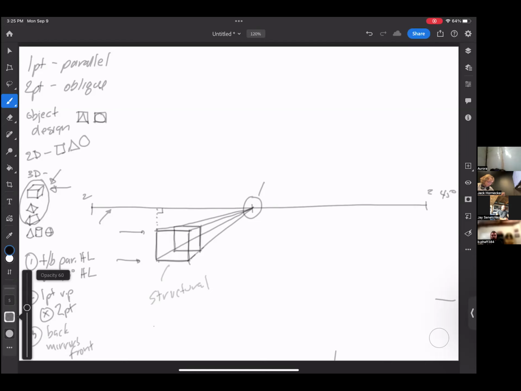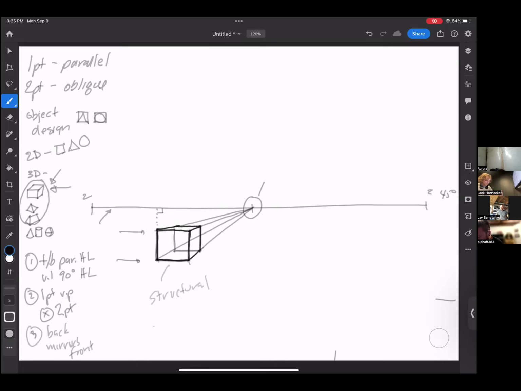Finish lines are going to be darker. So if I want to make it feel like this box is fully opaque, I don't necessarily have to erase those lines. What I do is darken the lines that I want people to interpret as being visible.